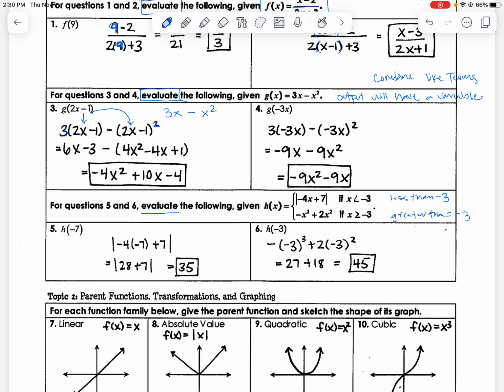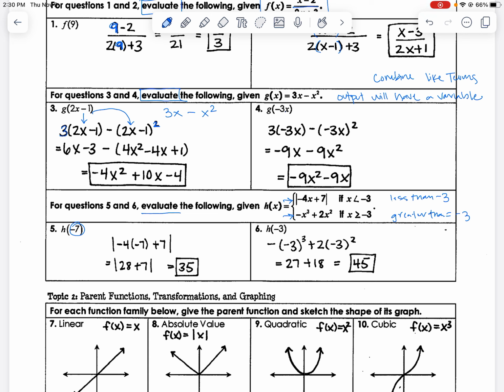So I'm looking at my domain restrictions, and in number 5, when it says plug in negative 7, that corresponds to the top piece where x is less than negative 3, because negative 7 is less than negative 3. So it's an evaluate. You just have to figure out where negative 7 falls in the domain and then choose the corresponding function, the first or the second piece.